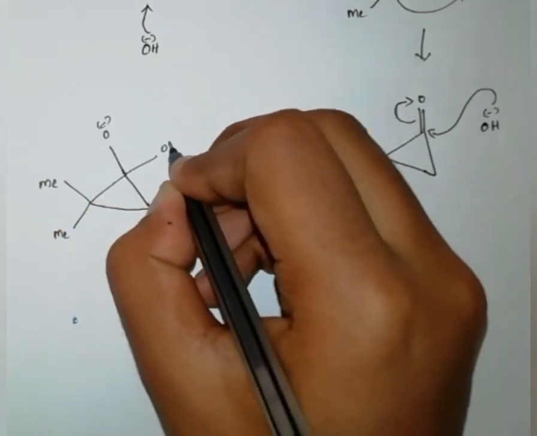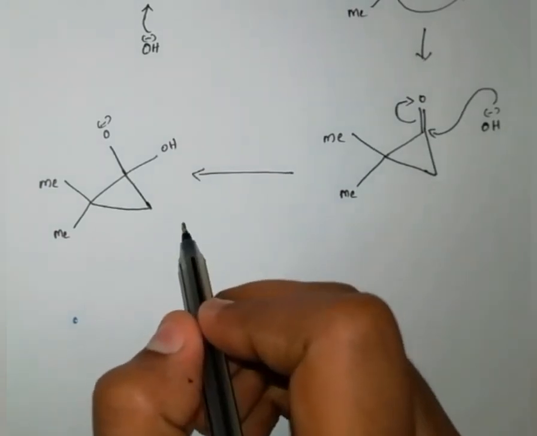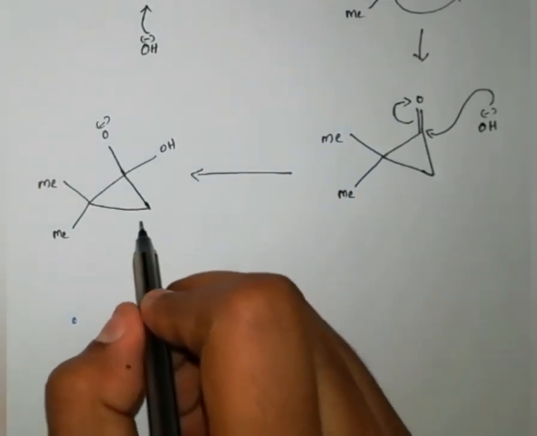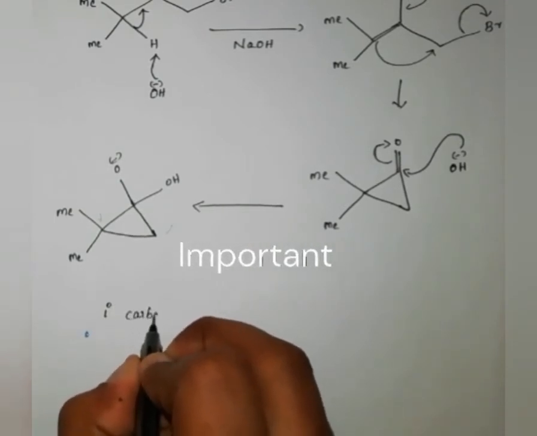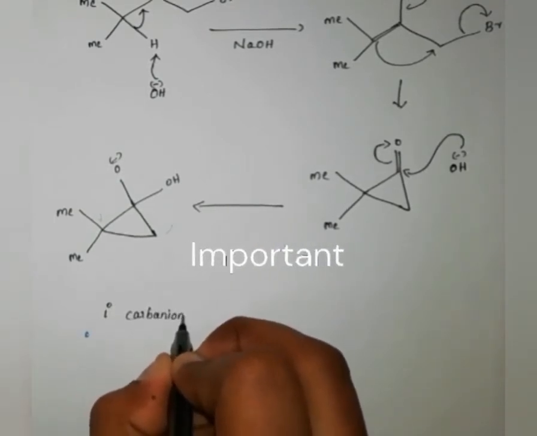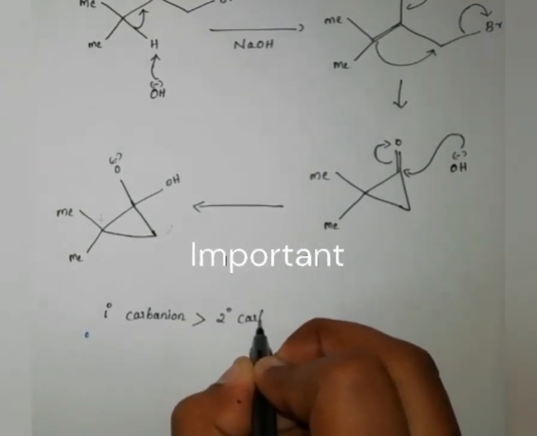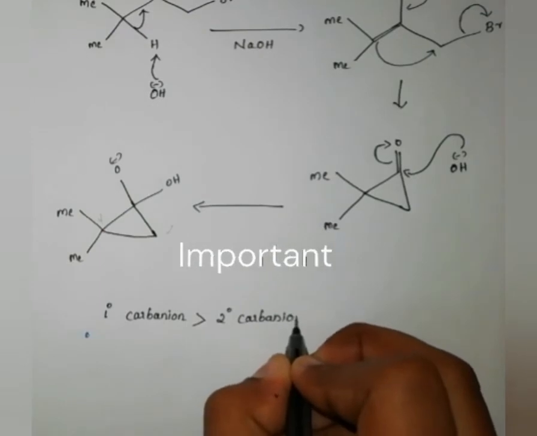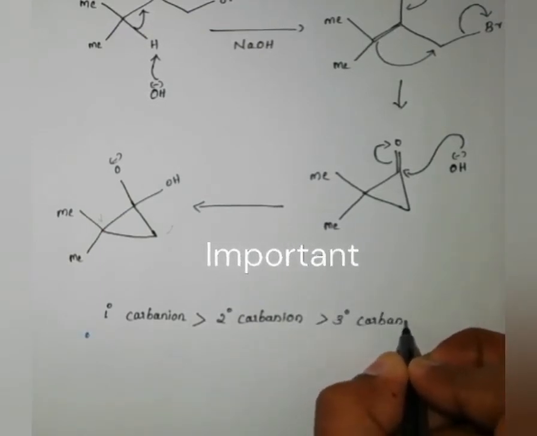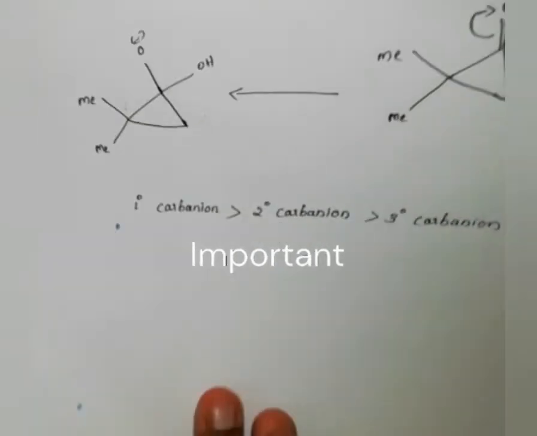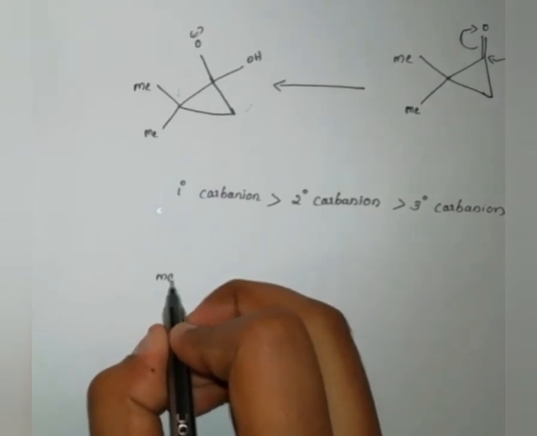Here comes the case of stable carbanion. Just look at this: primary carbanion stability is higher than secondary carbanion, and higher than tertiary carbanion. So let's consider the two cases.